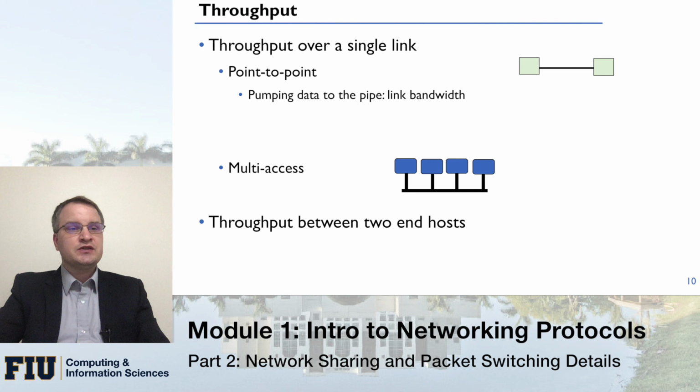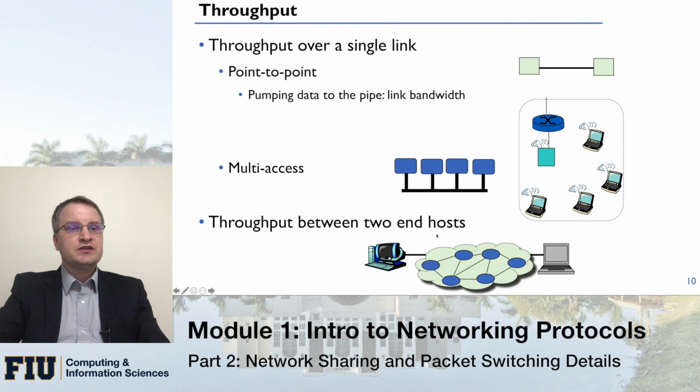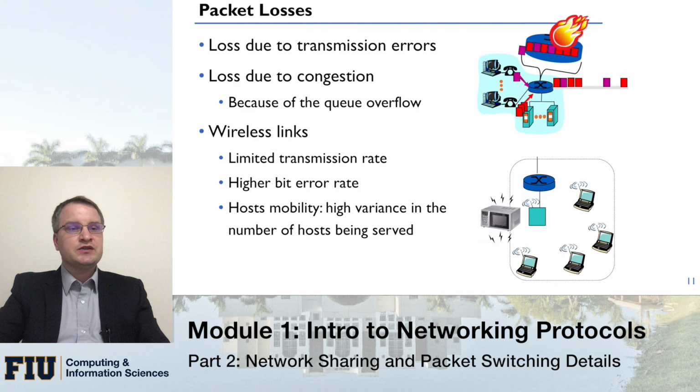In the case of multi-access links, things are slightly different, because you have to share the link with others, using whatever sharing mechanism, like TDM, FDM, or some combination of those. And if we consider throughput between 2 end hosts, it will effectively be the minimum over all links available in the system.